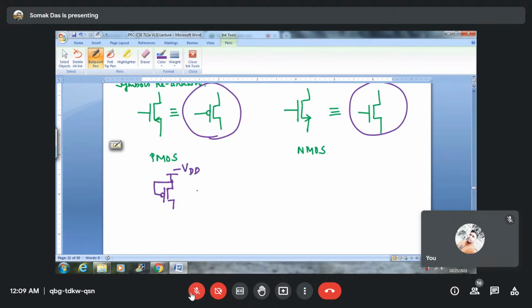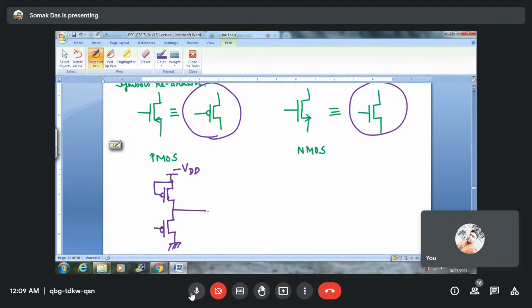The biasing potential is negative, minus VDD. The load transistor's gate terminal is connected with the drain. To the driver transistor, we provide the input. There must be a bubble over there.